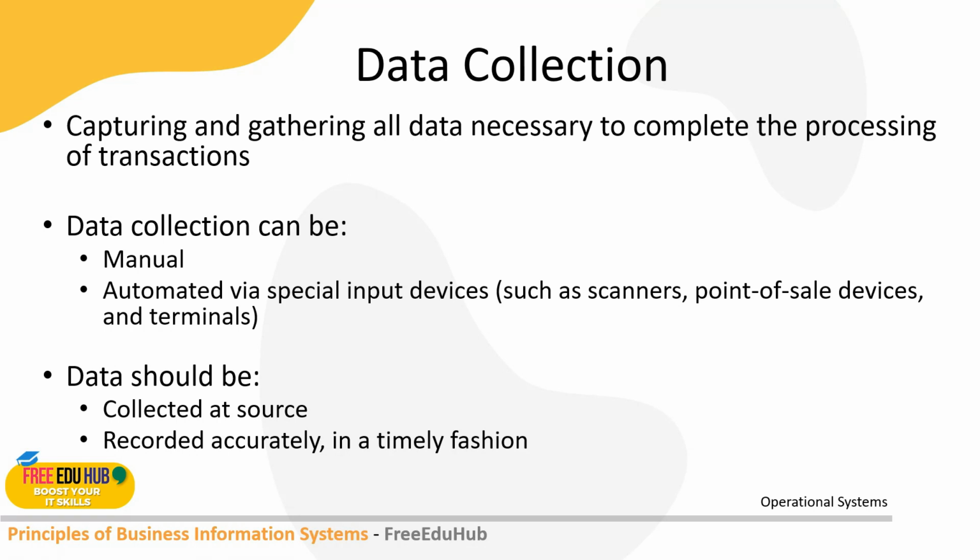So once the item is sold, it would automatically update the database so that you'll have real-time details of the items in stock. Then data should be collected at the source. When they are scanning it, immediately they'll be getting the details about that. It is recorded accurately in a timely fashion, because once the transaction takes place, it would be updated in the main database.